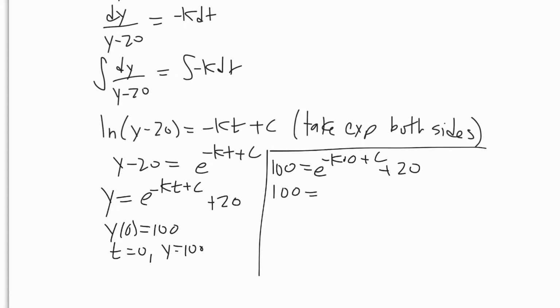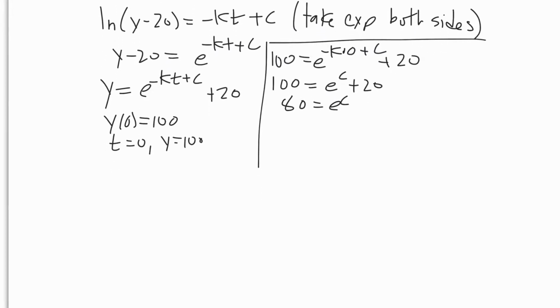So 100 is equal to e to the c plus 20. So 80 is equal to e to the c, which means, well, this is a little weird, but I'm going to just leave it here as 80 equals e to the c, and you'll see why in a second.